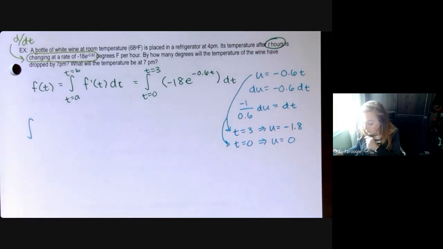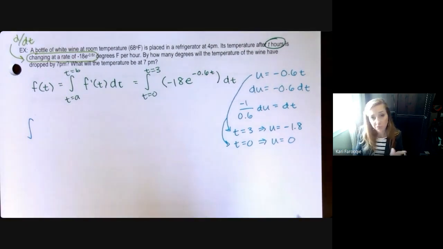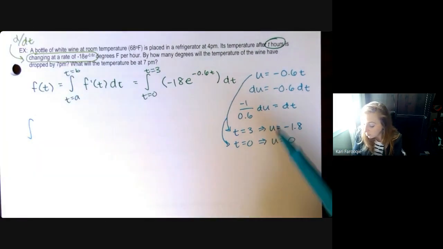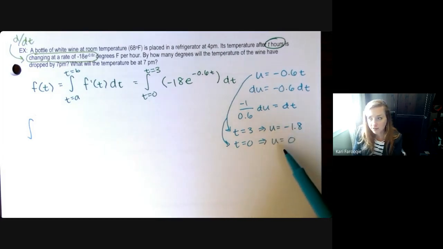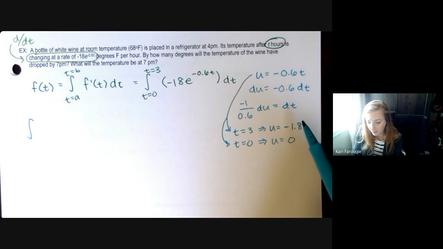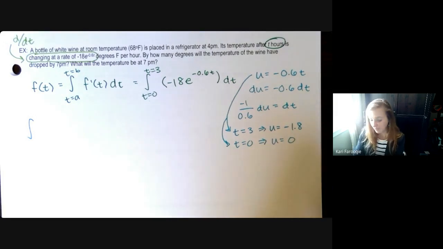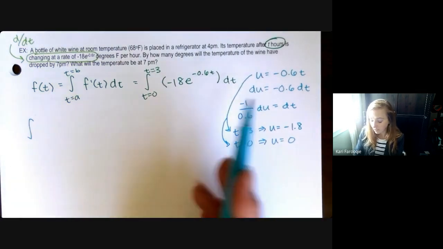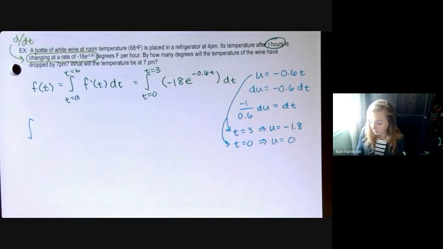Oh, I just realized something. This is really exciting because I hadn't originally planned to do the problem this way, but look at how my upper limit of integration now is smaller than my lower limit. I get to use my favorite property. This worked out beautifully. I'm sorry, I get really excited about things like this.